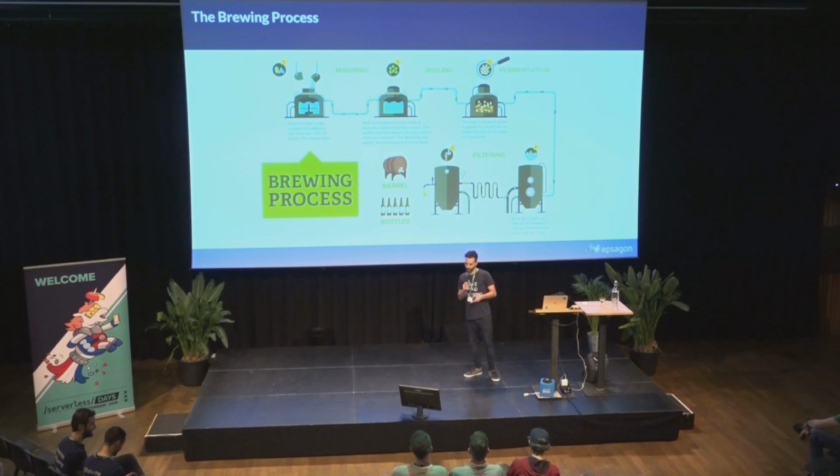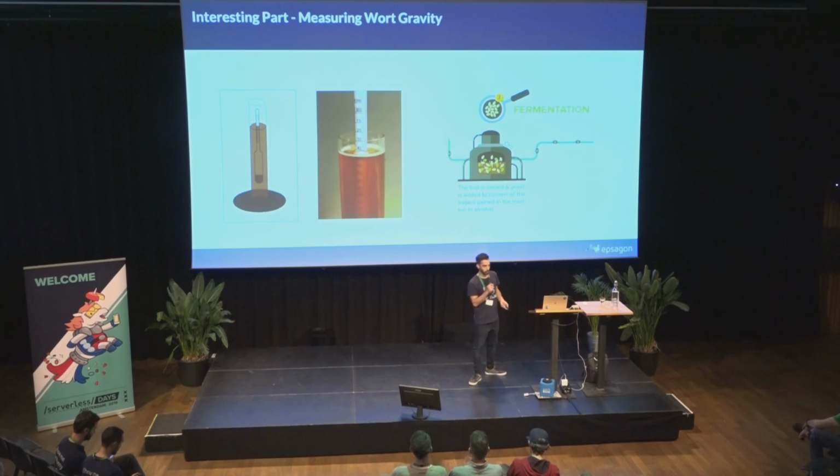So you go from mashing to boiling to fermentation, and the most important part, right before filtering, is the fermentation part, because that's the actual part that you need to monitor. And he started explaining how you do it.